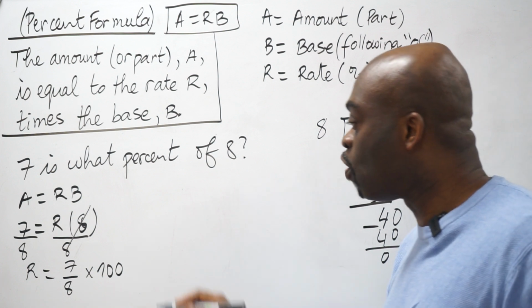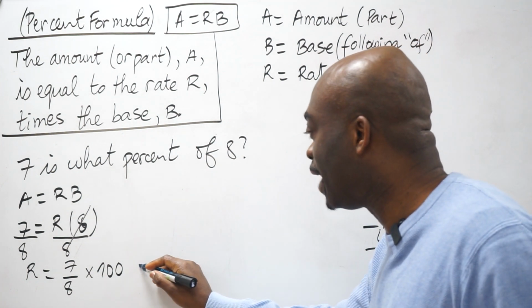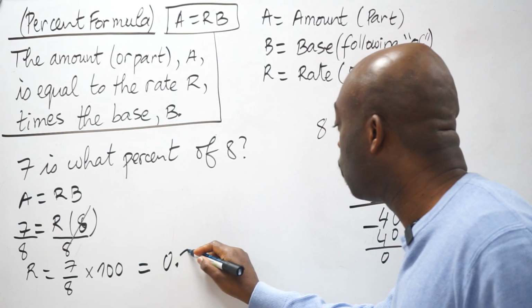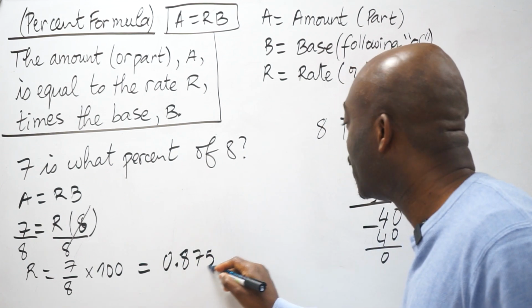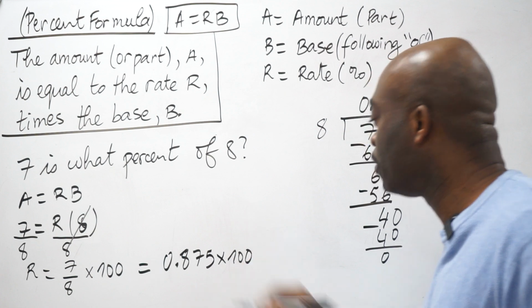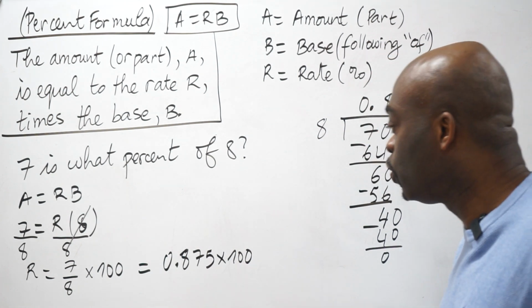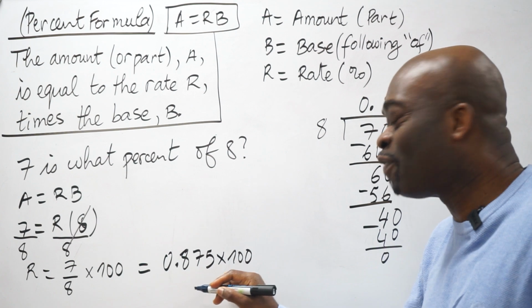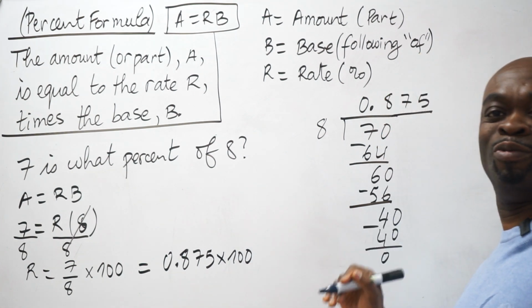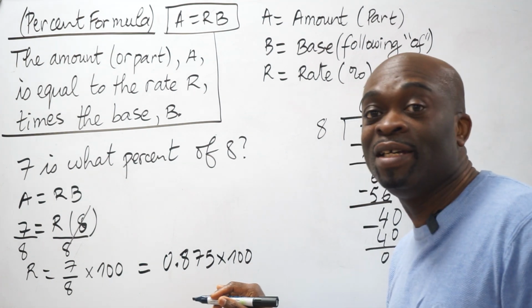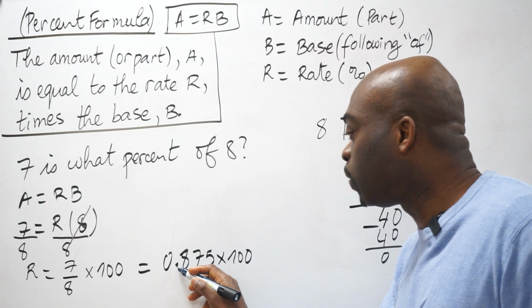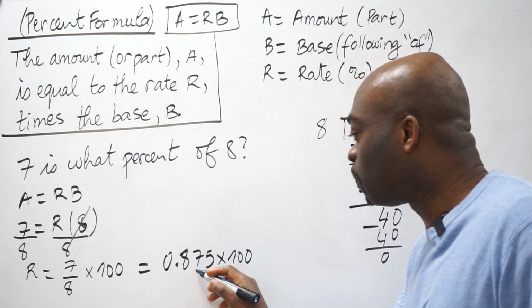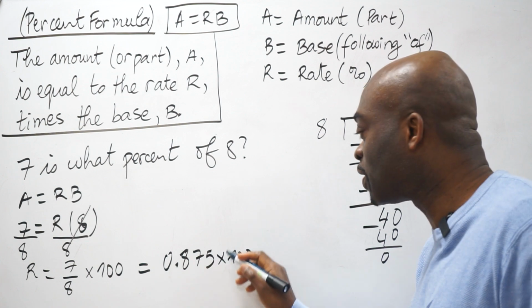All right, so we end up with 0.875, which we multiply by 100. Instead of multiplying by 100 step by step, the easy way is to take the decimal place and move it twice to the right, because you multiply by 100.